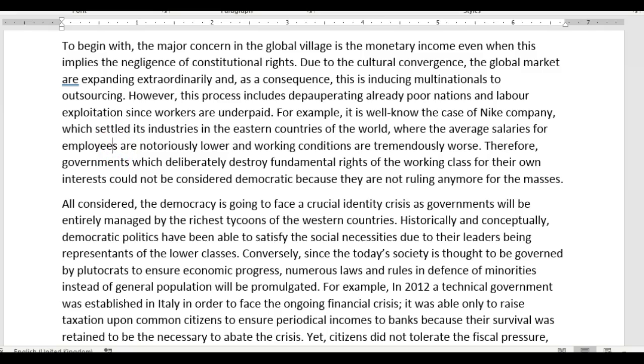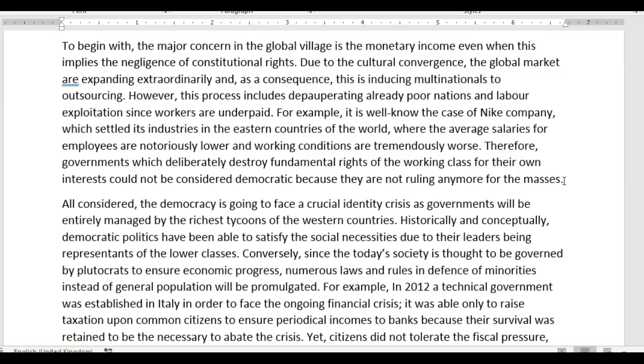The employee is the person who gives you work. Are notoriously lower and working conditions are tremendously worse. Very nice. Therefore, governments which deliberately destroy fundamental rights of the working class for their own interests could not be considered democratic because they are not ruling anymore for the masses. They're not ruling for the masses anymore.